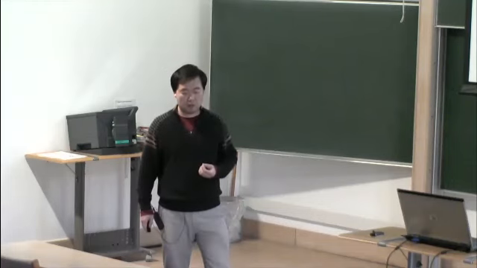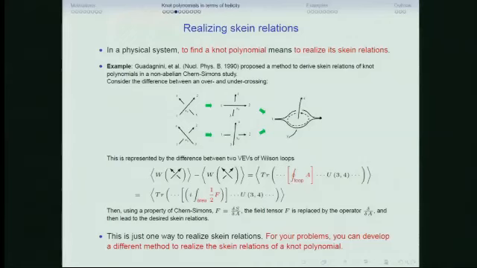Then in our coming proof, we will realize the skein relations of knot polynomials. So why realize that? In a physical system, to find a knot polynomial means to realize its skein relations. If you can realize the skein relations in a system, that means you have found the knot polynomial.